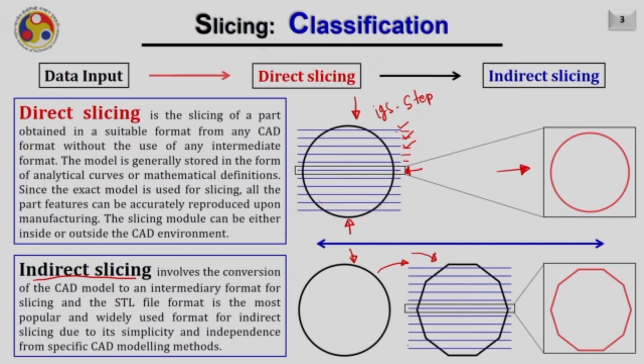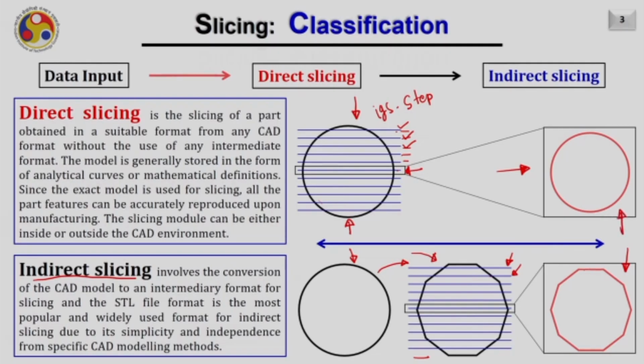Now, of course, we can do the slicing of the same object like we did in the earlier case. These are the slicing planes, and hence the intersection between the slicing plane and the object will be taken. As it is not a very accurate representation of the object, the sliced contours may also not really be the circle which we get in the real case.